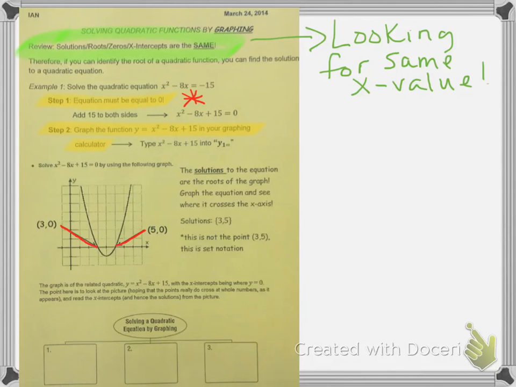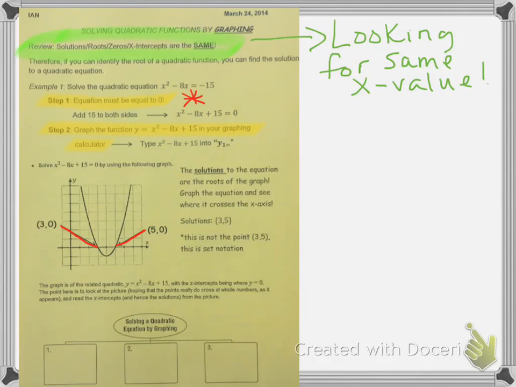Now let's look at your graph. Once you type your equation into y equals, hit the graph button so you can see the graph of the quadratic function. You can see that it crosses the x-axis when x equals 3 and when x equals 5.